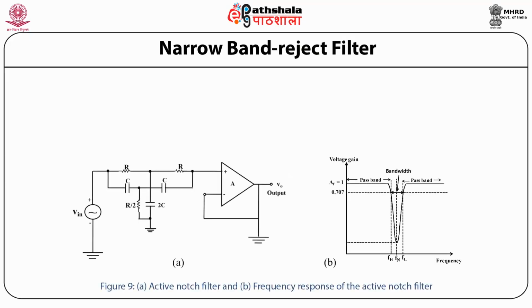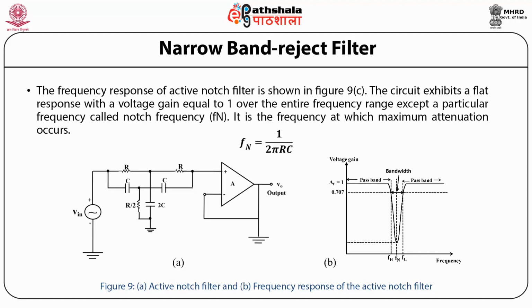Let us discuss the frequency response of the active notch filter. The frequency response, as shown, reveals that the circuit exhibits a flat response where the voltage gain equals 1 over the entire frequency range except a particular frequency called the notch frequency Fn.